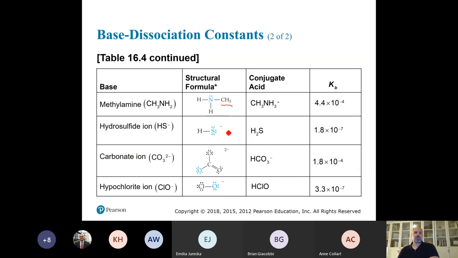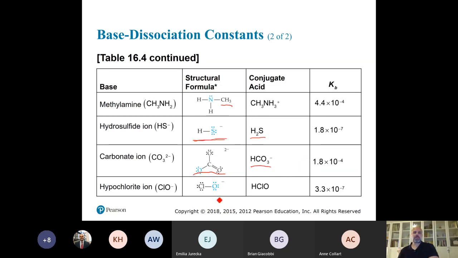Then you have the conjugate bases of weak acids. H2S is a weak acid. Its conjugate base, the hydrosulfide ion, has a Kb. The carbonate ion's conjugate acid is the bicarbonate ion.